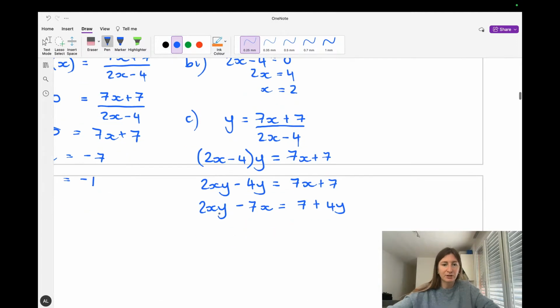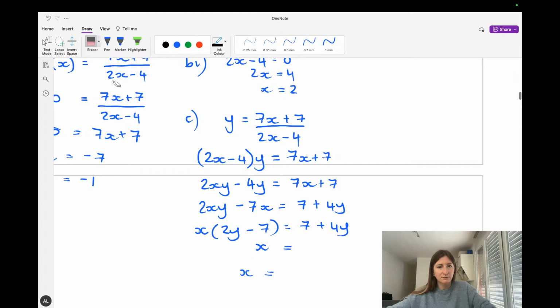Now, because I want it in terms of x equals, I need to turn these two x's into one x. So I'm going to factor x out of this. So if I factor x out of these two terms, I'm going to be left with 2y minus 7 equals 7 plus 4y. Now I can divide this whole bracket on the other side, so I'm just left with my x equals. That's what I wanted.